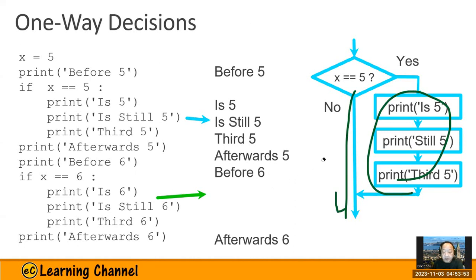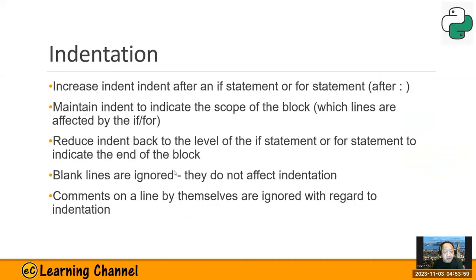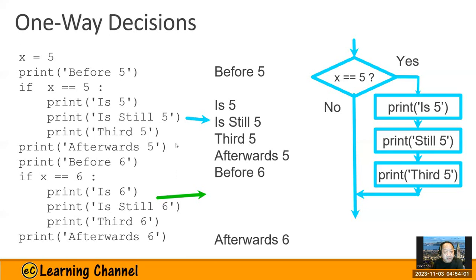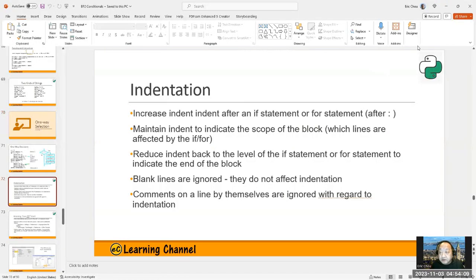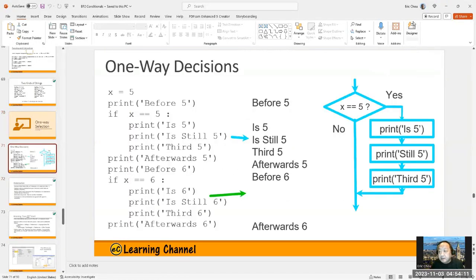You have a similar structure as well, okay? And then you print after 6. Okay, so this is a little bit complicated. And the indentation is for the code block. Okay, let's look at this example. This one is interesting.